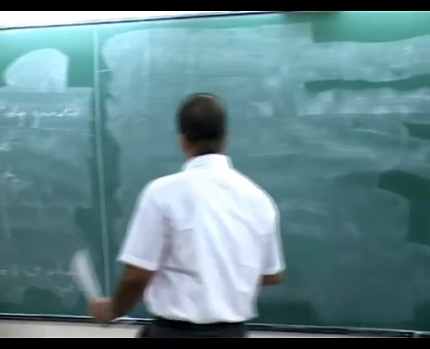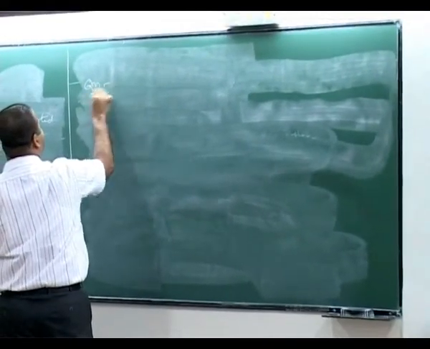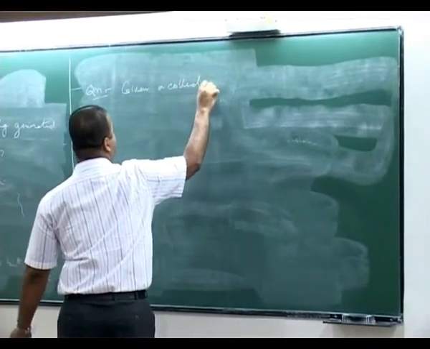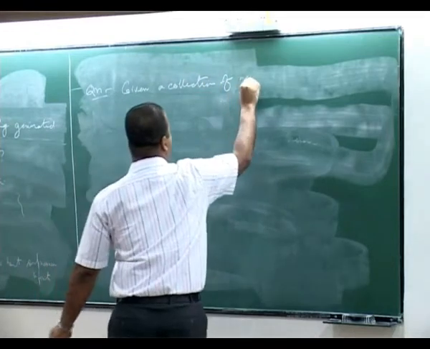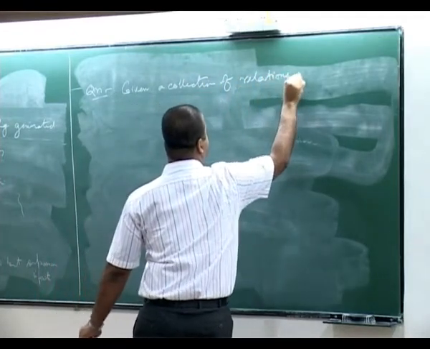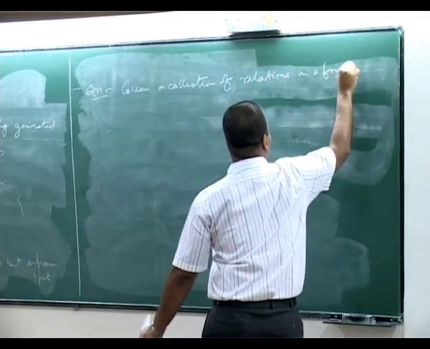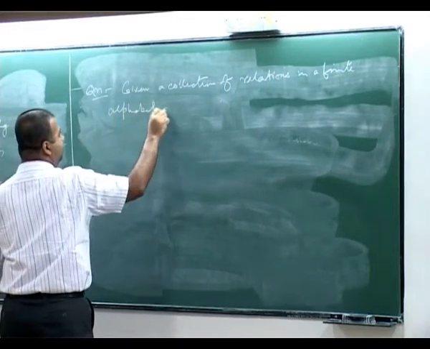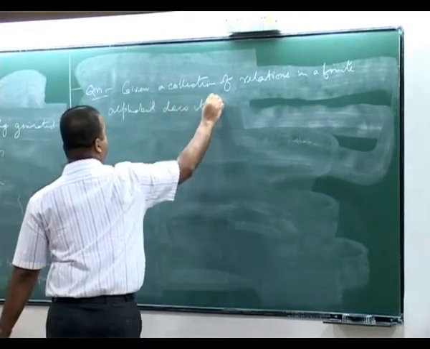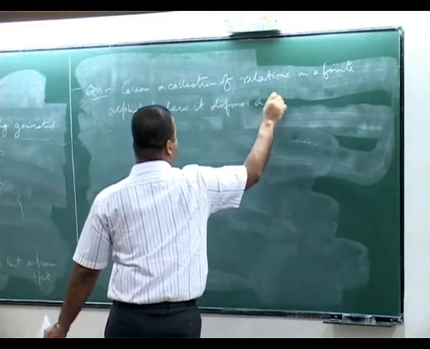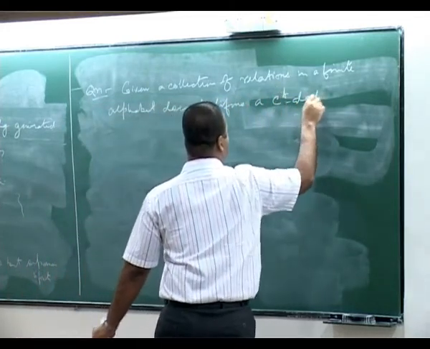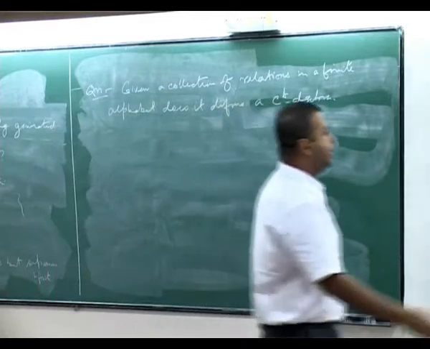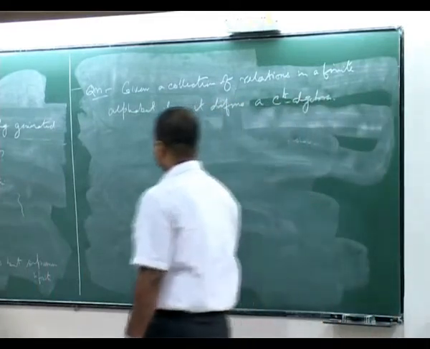That is the question. Action of, say, relations, in a finite alphabet. But this principle works even for an infinite number of relations. So let us do that.